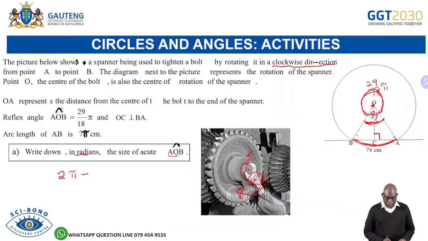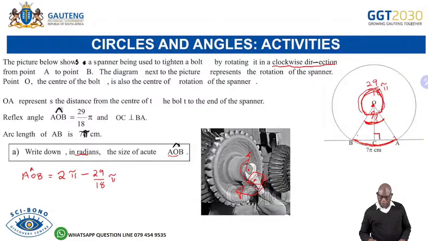So for me to get the acute angle AOB, I must take the 2 pi and subtract that part. If I subtract this part here, I'll be left with this one, right? So 2 pi minus 29 over 18 pi.